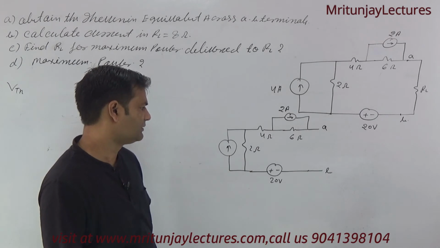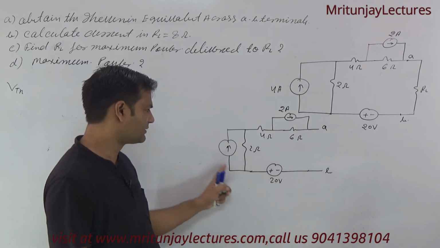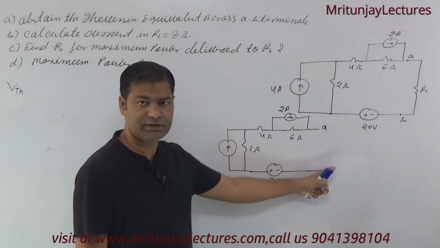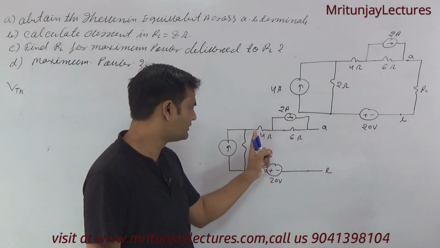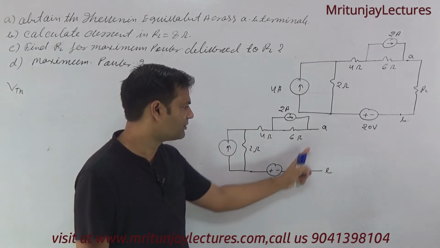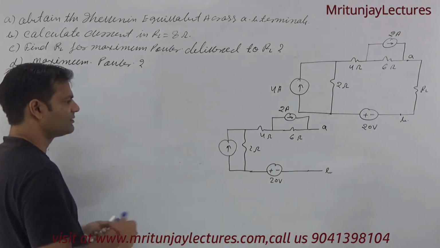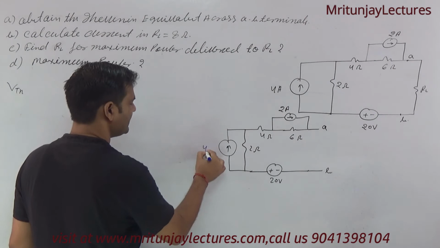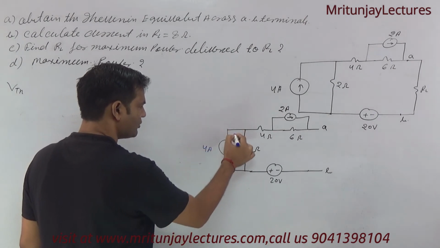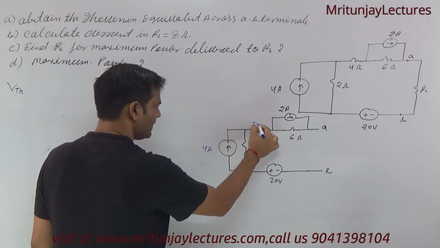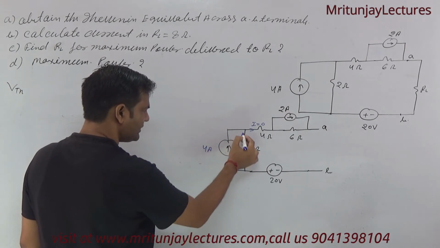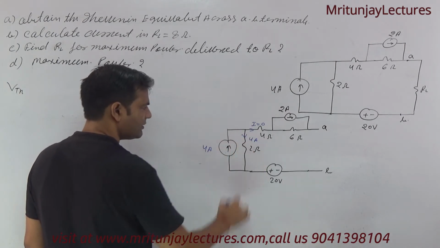So how can we determine V of AB? Okay, I know that. What about current? No current passes through here, not in this branch, not in this branch. Why? Because this one is an open circuit. That's why this circuit is very simple, and that is 4 ampere. Here in total no current, I is 0. So 4 ampere is passing through only the 4.